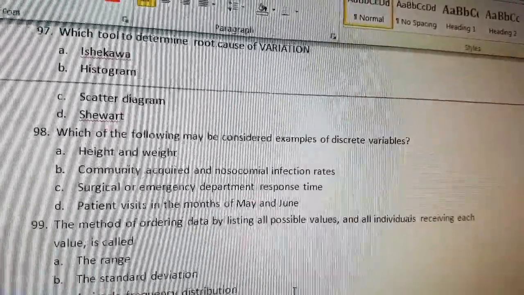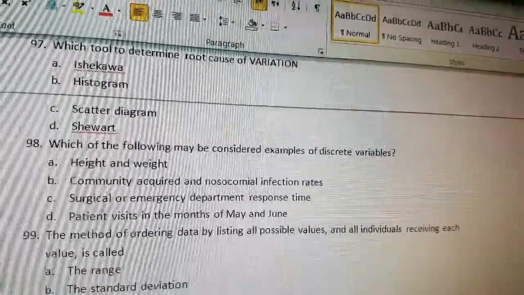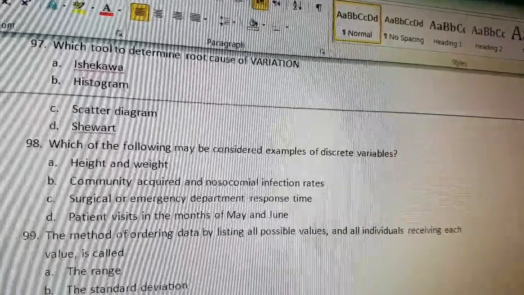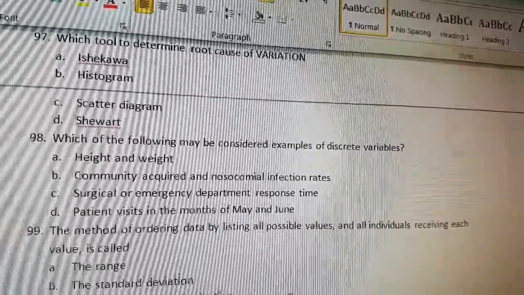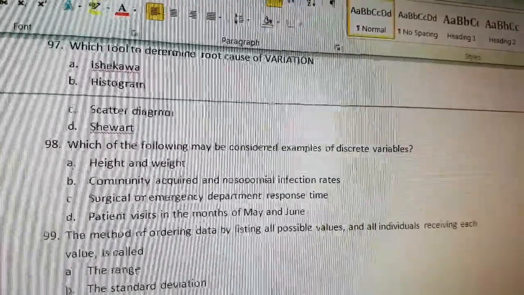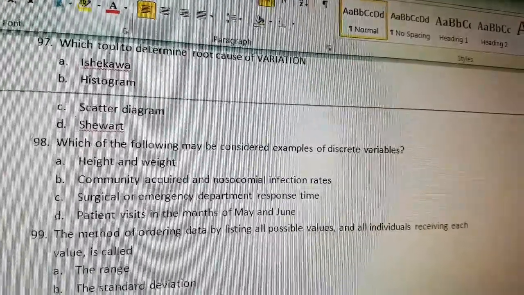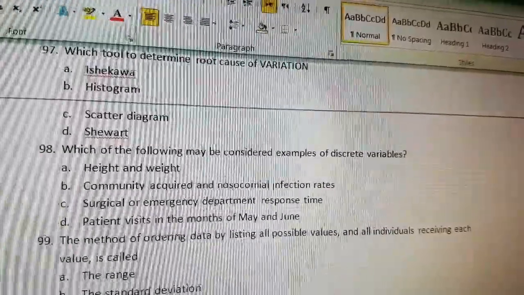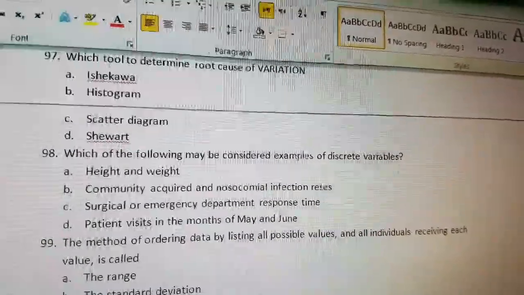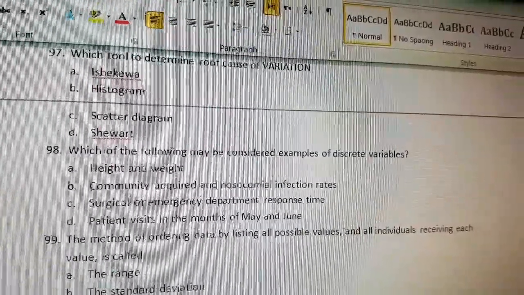The third one, surgical or emergency department response time, is also measurable because it's time. And the fourth one is patient visits in the months of May and June. This is just the number of patients seen during those months. So number of patients comes under discrete variable. Therefore the correct answer is the fourth one, D.